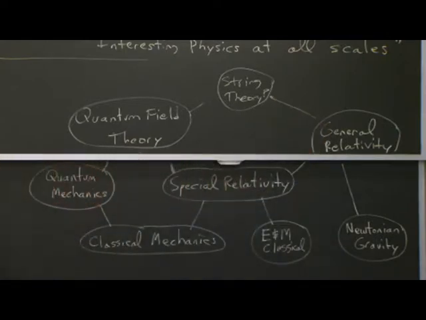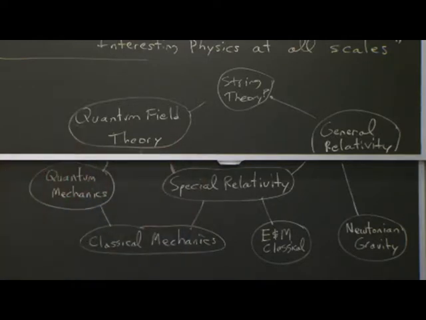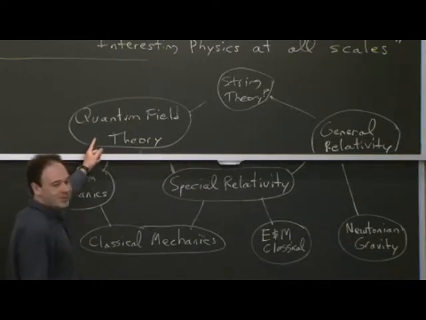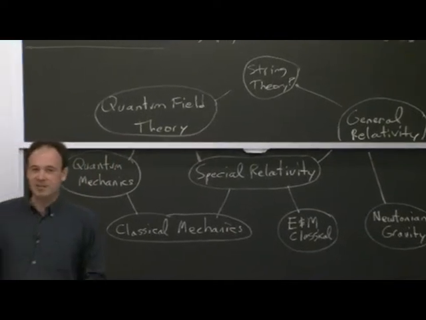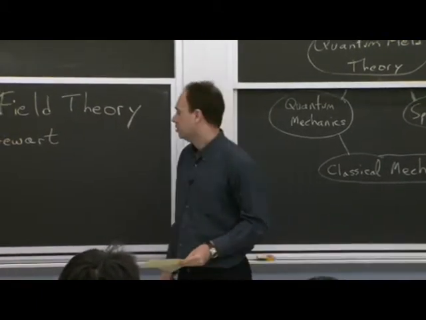So you think about learning physics from the bottom up. In this picture, you learn these things first, and then you learn these things, and you sort of keep synthesizing, keep putting things together. We're going to be doing in this course the exact opposite of that. We're going to be taking one of these blobs, in particular this one, and we're going to be looking deep inside it, trying to make more and more specific field theories.